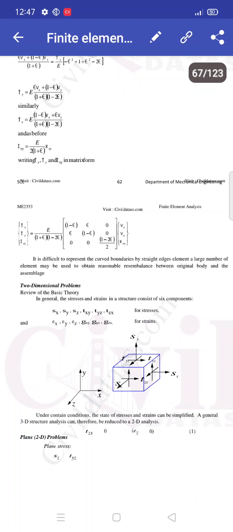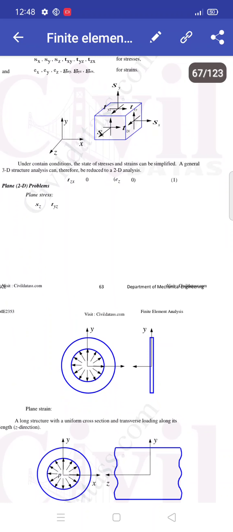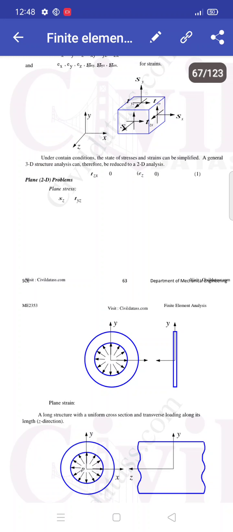So under certain conditions, the state of stresses and strains can be complicated, and finally it gets simplified. A general 3D structure analysis can therefore be reduced to two-dimensional elements. So the plane 2D problem is converted like this.